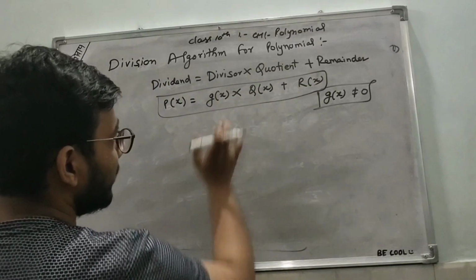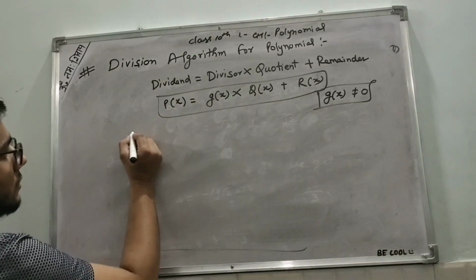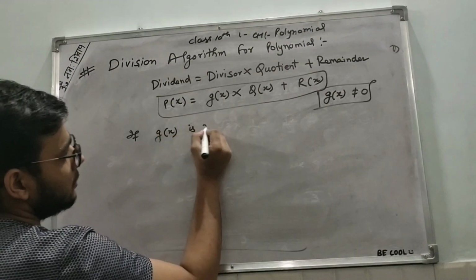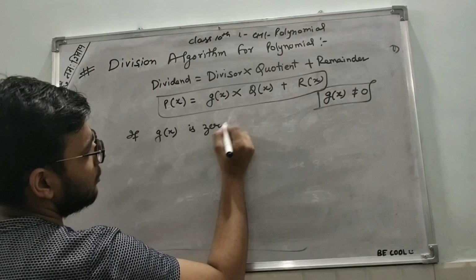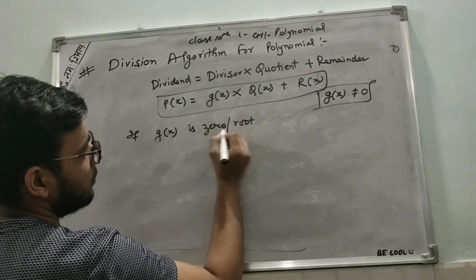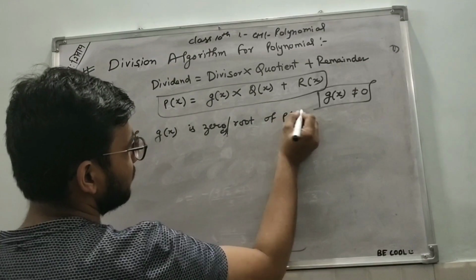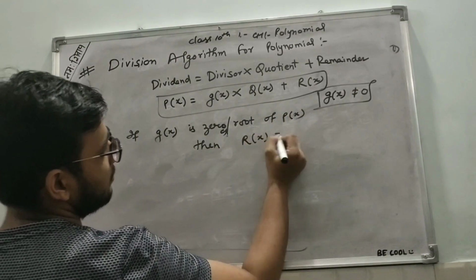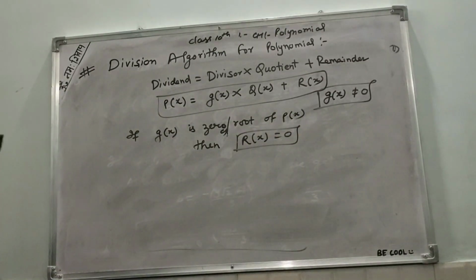Okay, if g(x) is a root of p(x), zeros or root of p(x), then r(x) is always 0. That is, remainder remains 0.